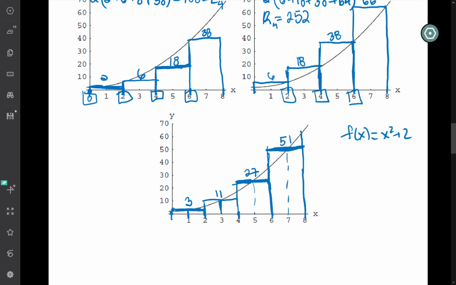So they're still 2 wide, but our heights are now 3, and then 11, and then 27, and then 51. Okay, so let's see, we're getting 14 plus 78, so it looks like we're getting 2 times 92, which is 184, and that is M sub 4.